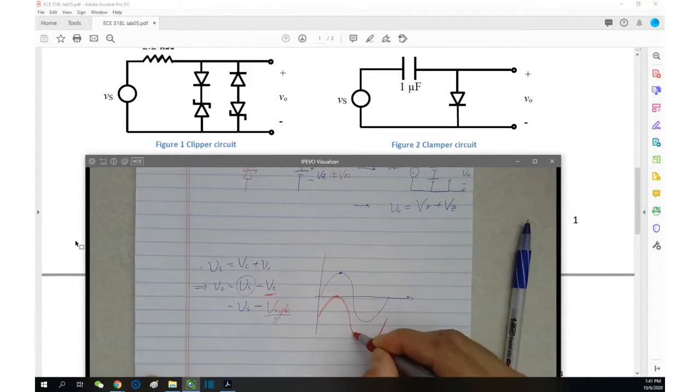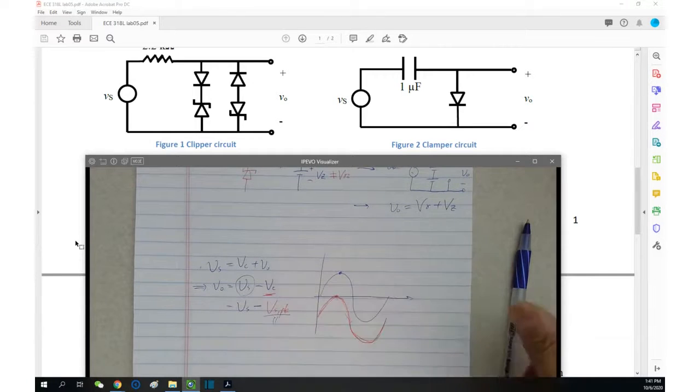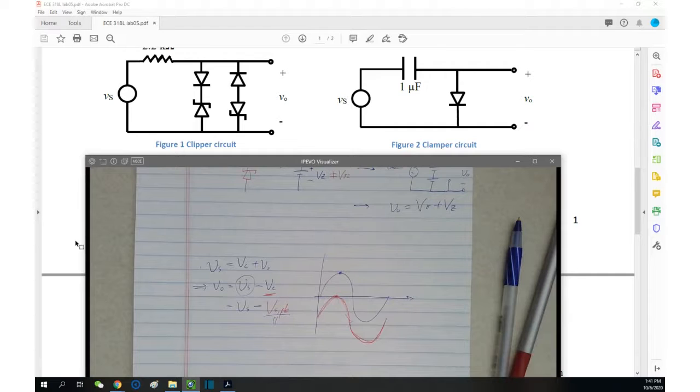Entire AC sinusoidal waveform gonna shift down by how much? Peak value of the AC source. Okay. This is what we see in the lab.